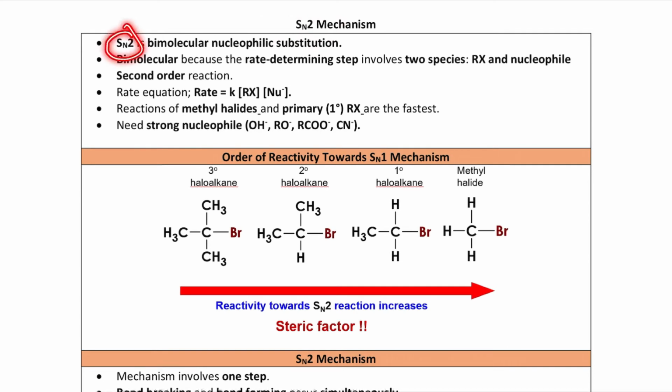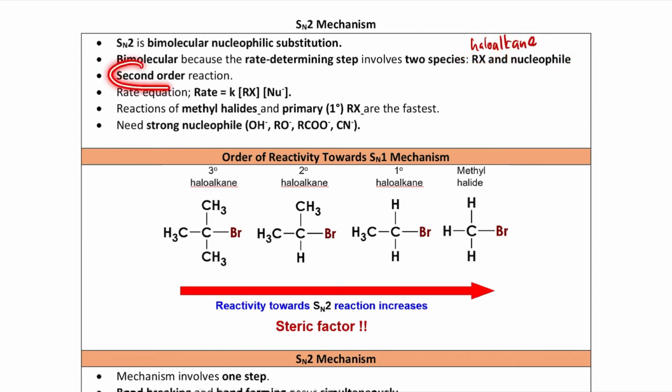Okay, so SN2 stand for bimolecular nucleophilic substitution. Okay, so the word bimolecular disebabkan rate determining step dia involve 2 species kali ni, lain daripada unimolecular. Okay, and the species adalah RX, which is haloalkane, dan juga nucleophile. Okay, so maksudnya nak determine rate of reaction, kena tengok concentration of haloalkane dan juga strength of nucleophile.